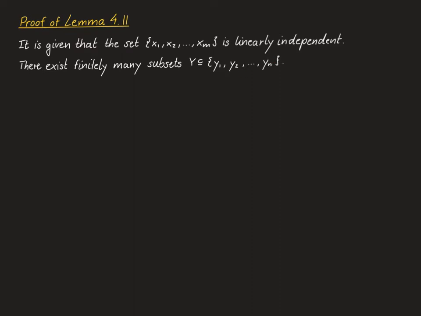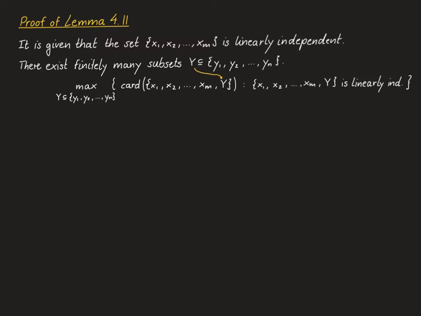So we can try to add all of these subsets, one after the other, to the set of vectors x1 through xm, and then look at the cardinality of this set. And now we maximize this cardinality under the condition that this set of vectors has to be linearly independent.